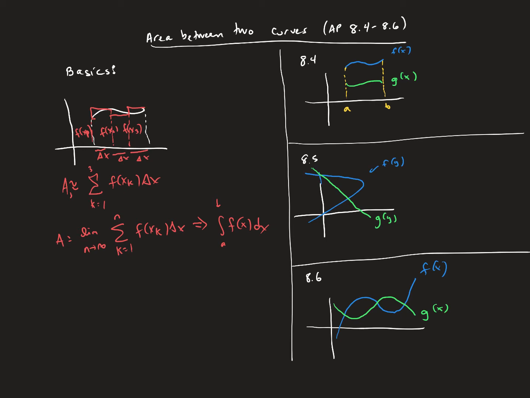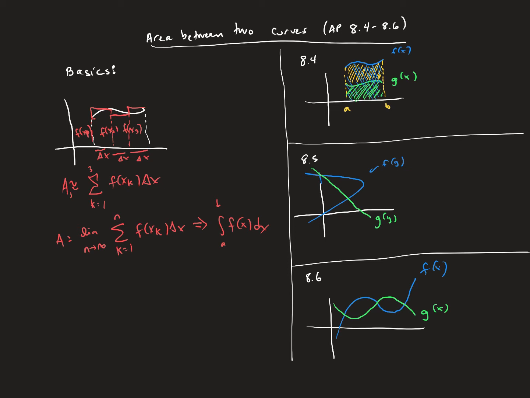So if you look at the stuff for 8.4, 8.4 is all about the area between two curves. It's the basic concept. If I wanted the area between f and g, the simple idea here is I would take the area under f, which is all of this blue stuff here, and I would take away the area under g, which is all of this green stuff here, and that would leave me with the yellow stuff.